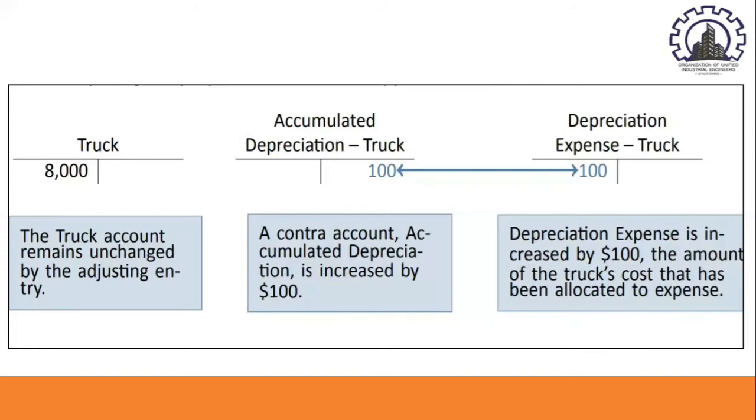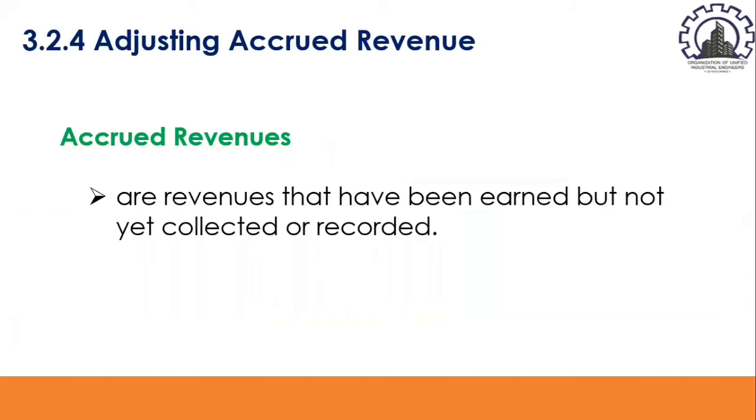And the next key subtopic that we're going to be discussing is how to adjust using accrued revenue. Accrued revenues are revenues that have been earned but not yet collected or recorded. For example, a bank has numerous notes receivable, which are basically collectibles from private individuals or businesses who got a loan from them.